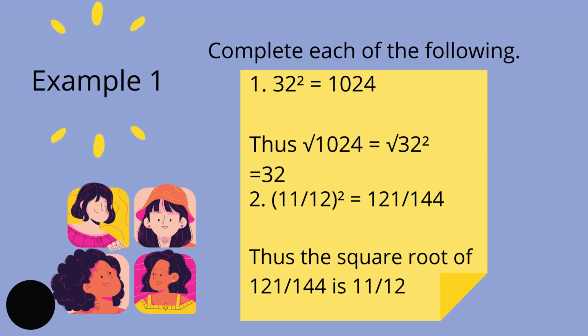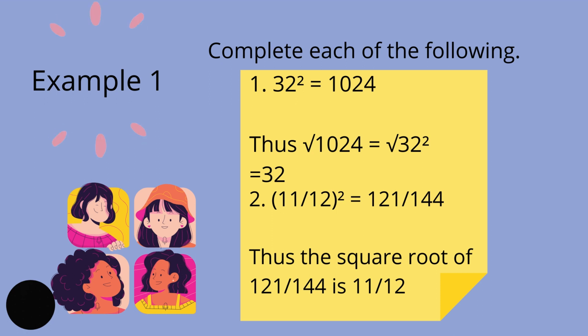So square root of 32 squared equals 32, because 32 times 32 equals 1024. This is actually the same as breaking out the square root of 1024. So the square root of 1024 equals 32.